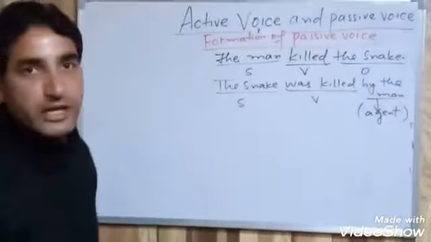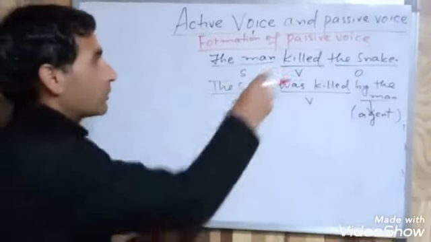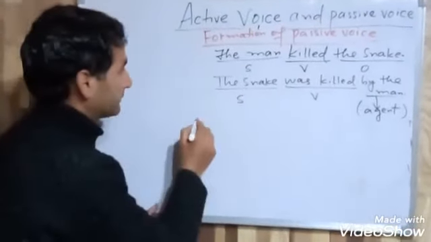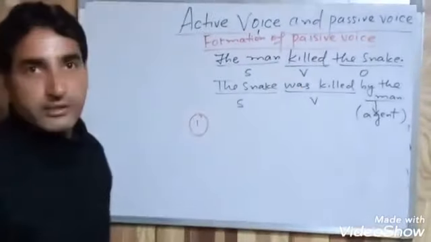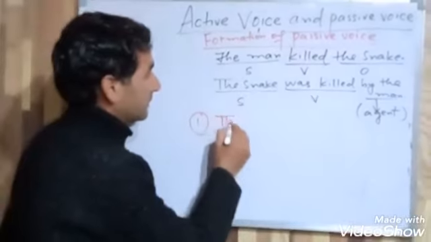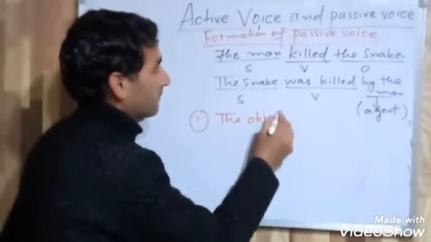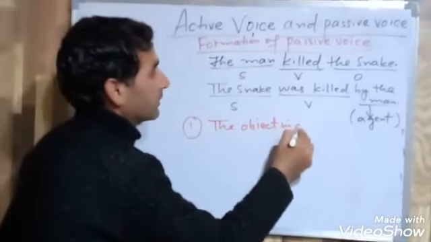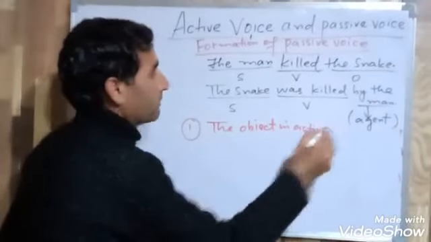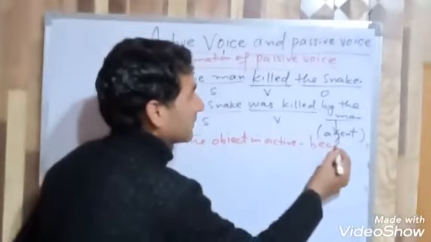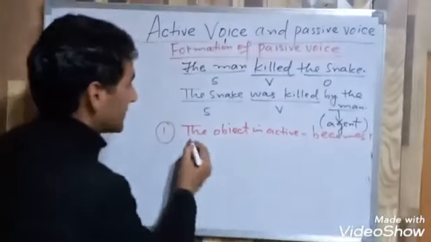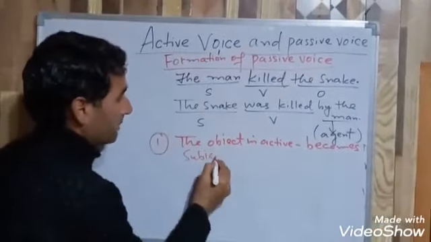What are the changes which take place while changing a sentence from active voice to passive voice? Number first, the object in the active becomes subject in the passive.